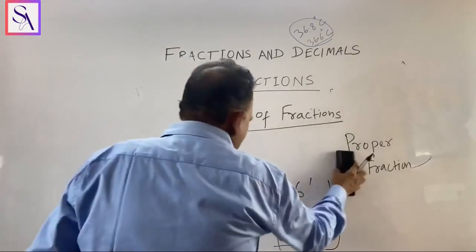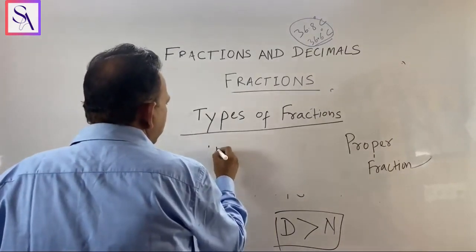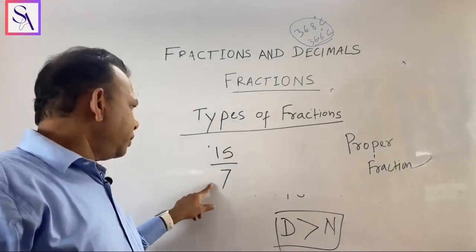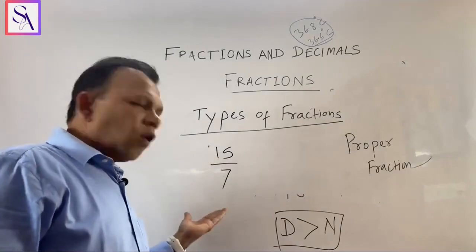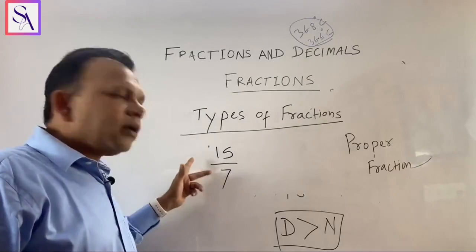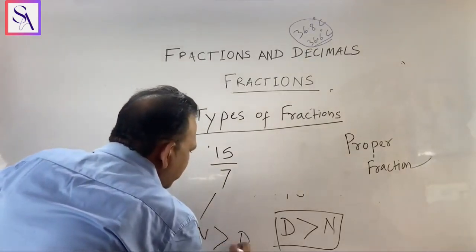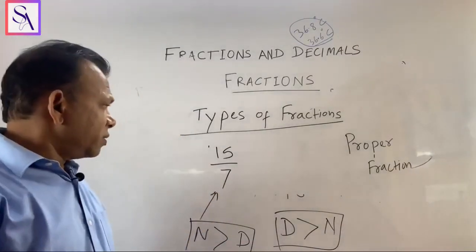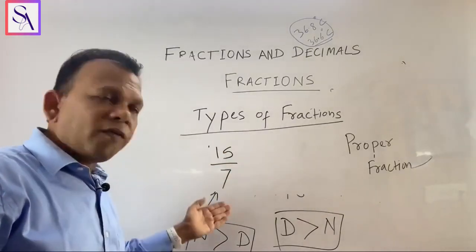Examples are like this: 15 by 7. Here denominator is 7, numerator is 15. So 15 by 7 is not following the law, denominator is greater than numerator. Here the reverse thing is there. Here numerator is greater than denominator, right? But this is also a fraction, because the structure of fraction is numerator upon denominator. So it is in the form of that.